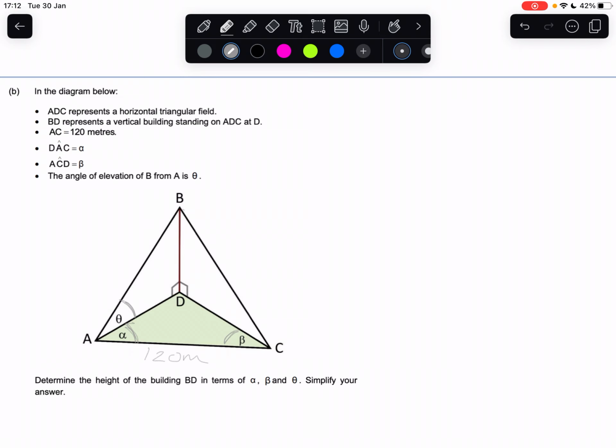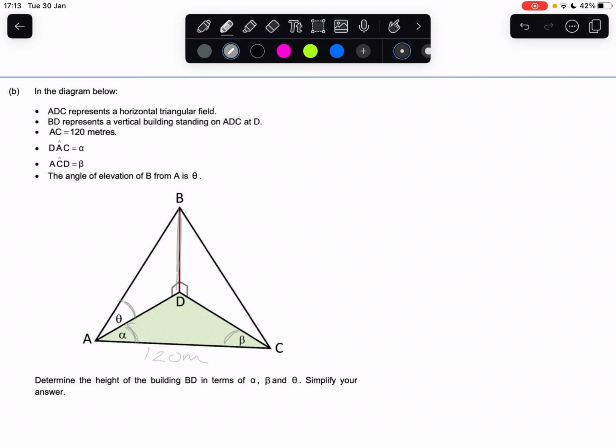So we are asked to determine the height of the building BD, so this guy, in terms of alpha, beta, and theta. And you must simplify your answer, so that will possibly be using your sine, cos formulae, or SOH CAH TOA, reduction formulae, more importantly.